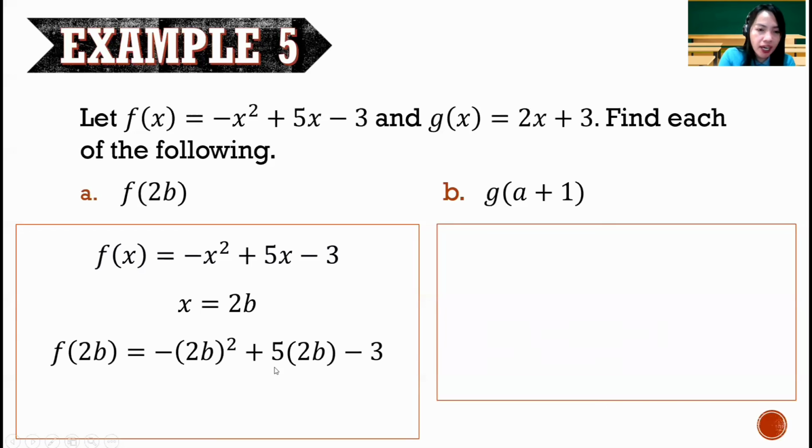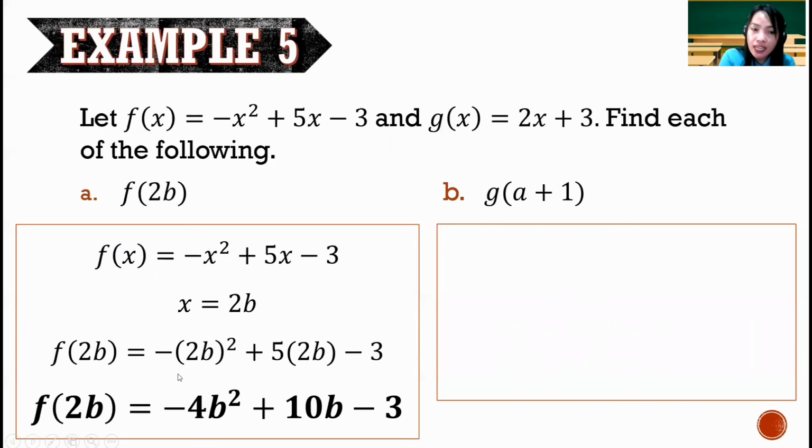So to simplify, yung negative nasa labas pa din, hindi siya kasama sa pag-raise sa 2, or which is being squared, the expression which is being squared, nasa labas pa din siya. So just copy, negative. 2 squared is 4. B squared is b squared. So ang first term natin ay -4b squared.